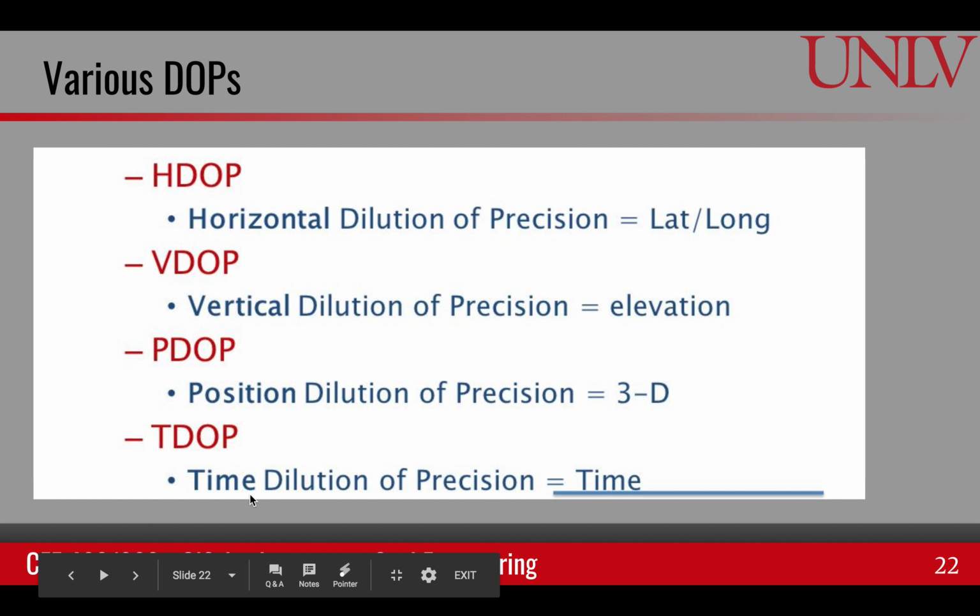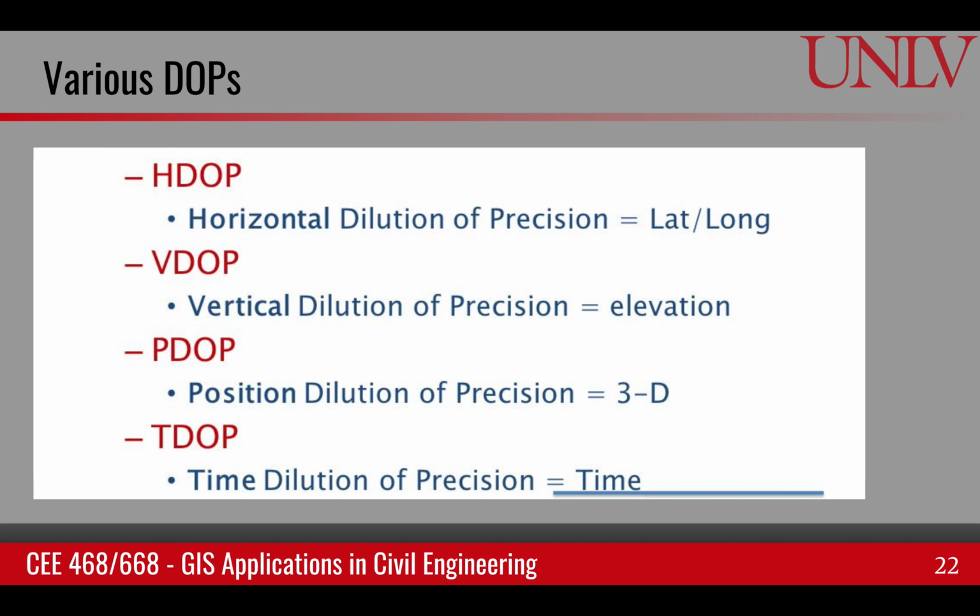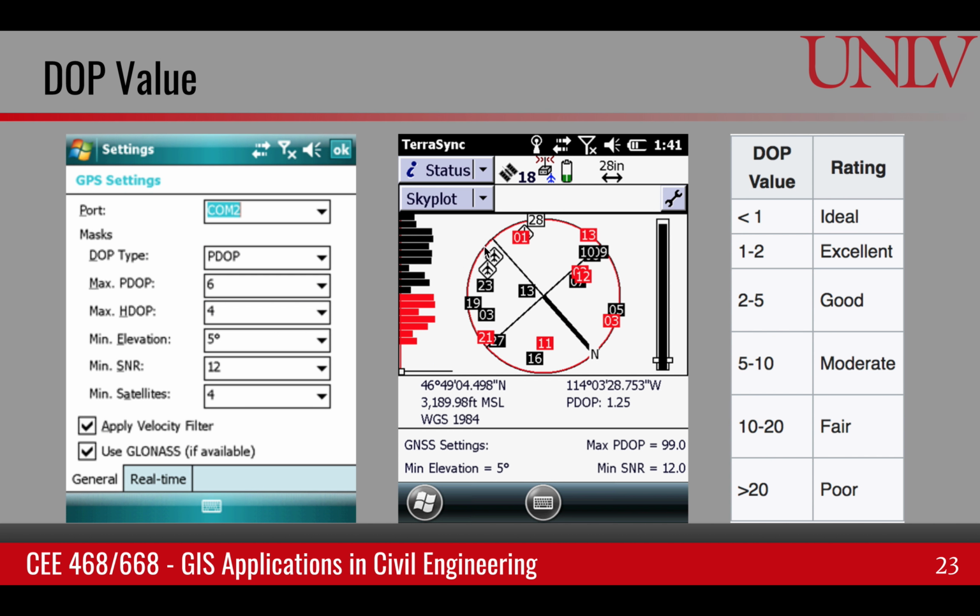And lastly, the time dilution of precision, which tells us how inaccurate our time measurement is due to the concentration of those satellites. And if you look at the screens of the GPS receivers, it is reported.